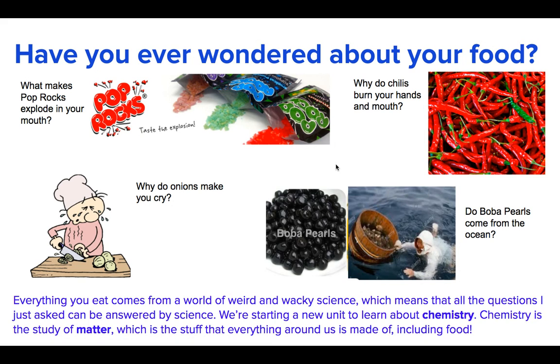Everything you eat comes from a world of weird and wacky science, which means that all the questions I just asked can be answered by science. We are starting a new unit to learn about chemistry. Chemistry is the study of matter, which is the stuff that everything around us is made of, including food.